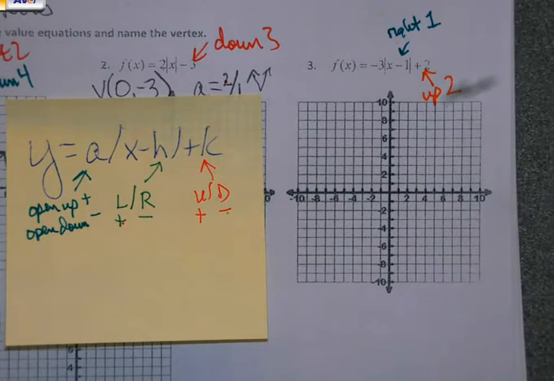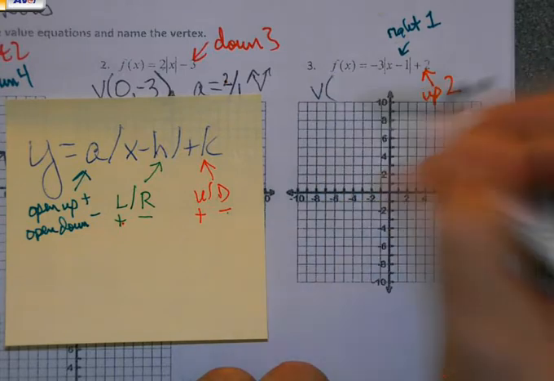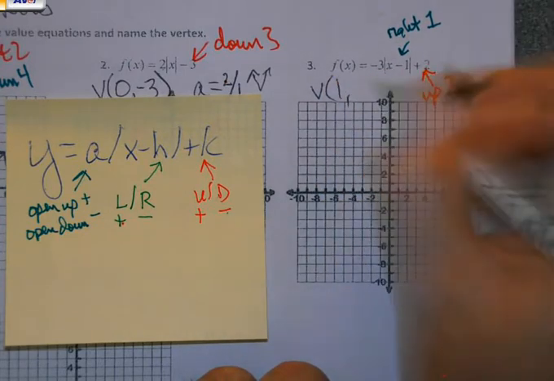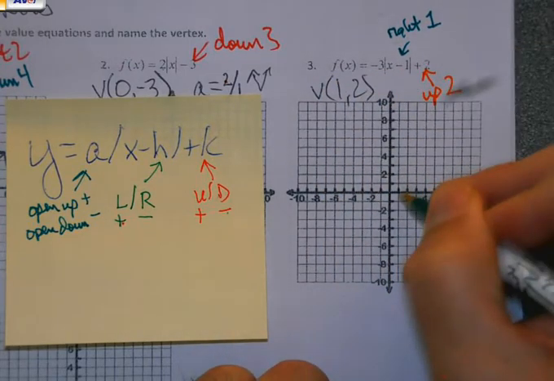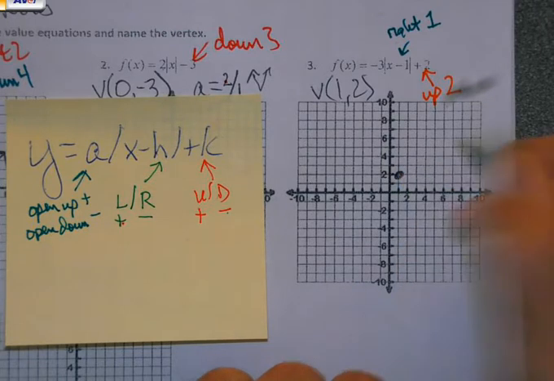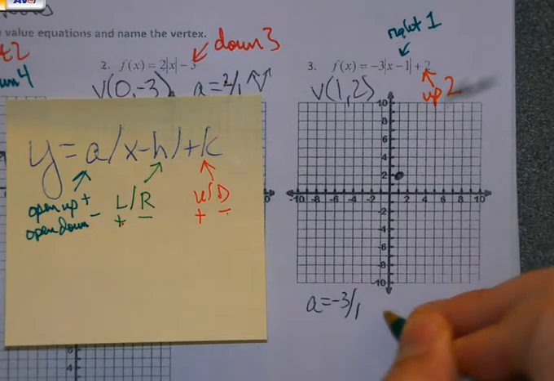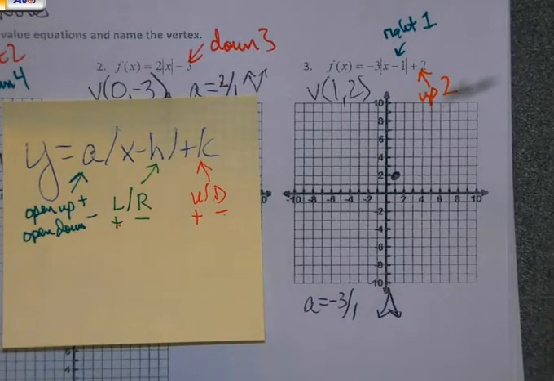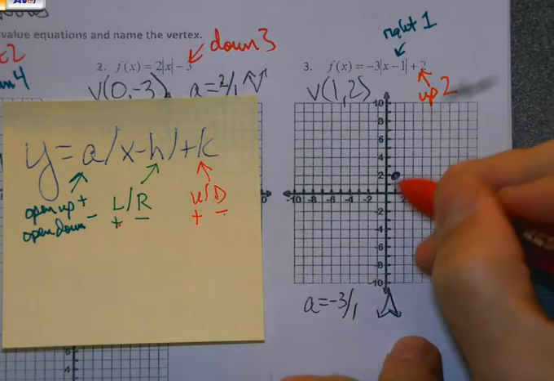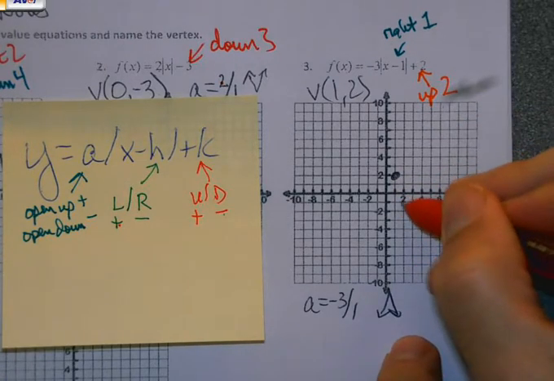And getting my vertex down. And if you want to take that extra step, go ahead and use your A value to try and make your other points and form your V. Give it a shot.